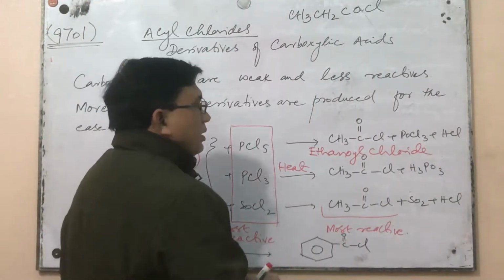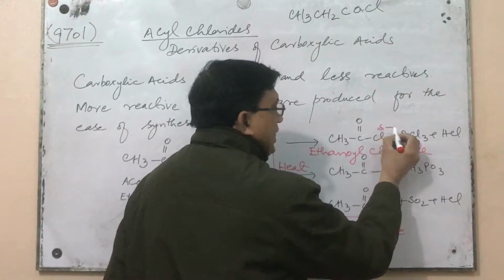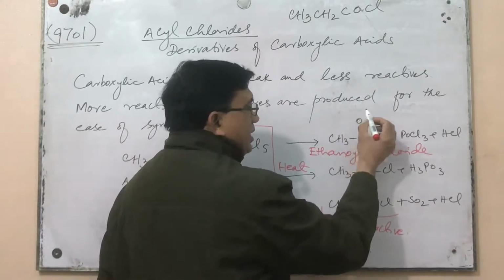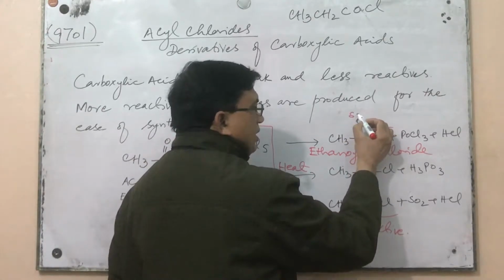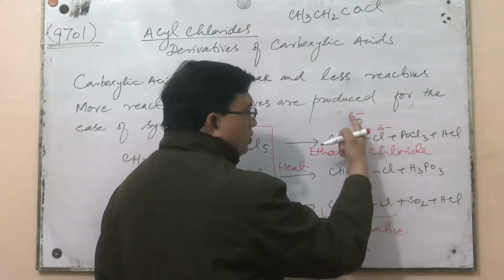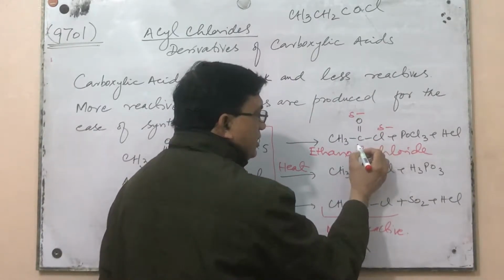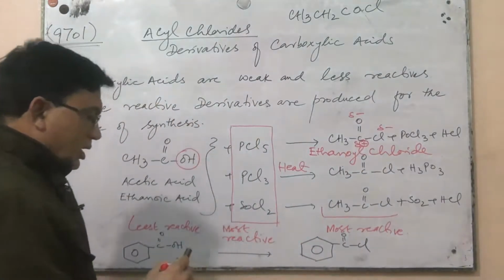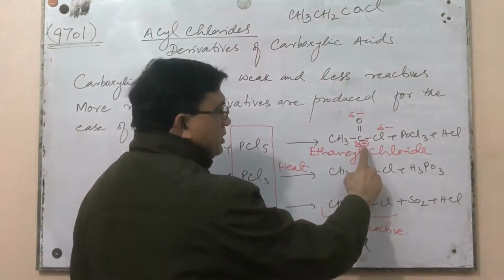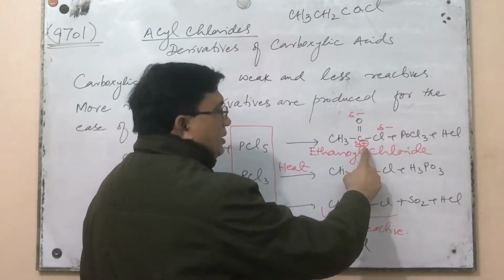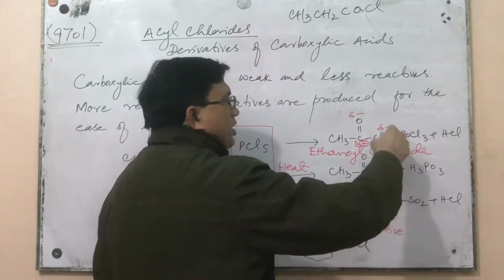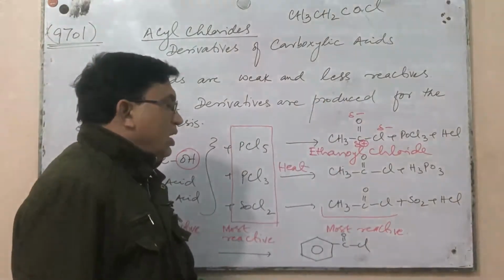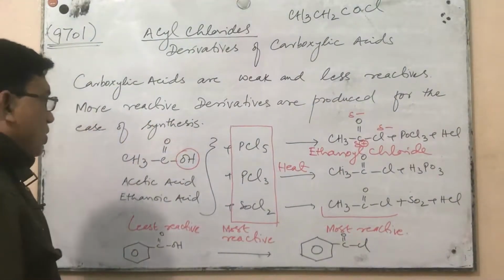Definitely, chlorine will get a partial negative charge, and here the carbon and oxygen double bond is also polarized, oxygen having a partial negative charge. Due to both of these negative charges, there is a significantly large positive charge on this carbon atom. Due to this large positive charge on the carbon atom, acyl chlorides become much more reactive. So these are used for further chemical reactions quite easily.